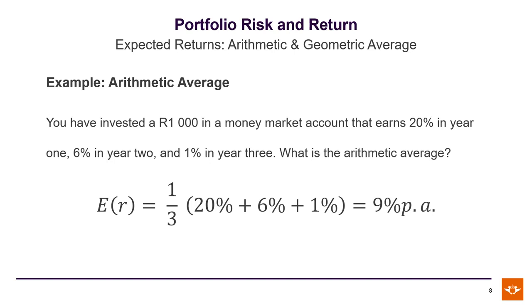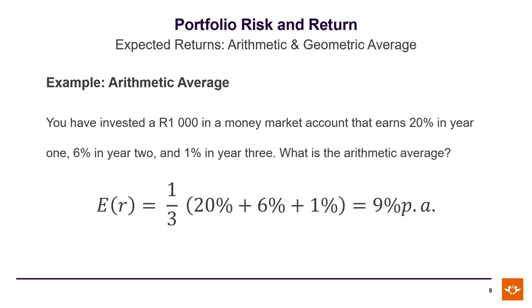Looking at the solution below, it's as straightforward as taking the 20% plus 6% plus the 1%, dividing it by the 3 years that you've invested the money in, and you end up with an average of 9% per annum. And the way you interpret this is looking forward. If you continue to invest your money in the money market account, you can expect to earn 9% per annum on average.